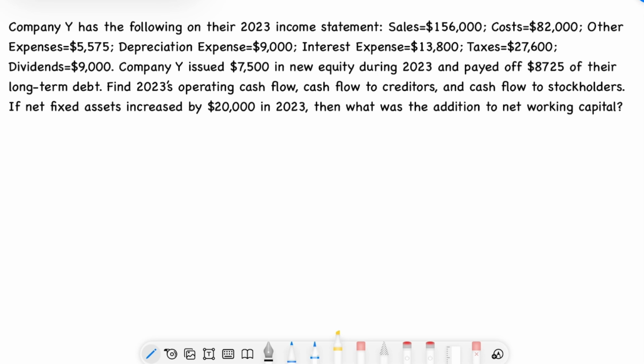So we are given sales, costs, other expenses, depreciation, interest. Our taxes is already worked out for us, which is nice. Our dividends. We're given new equity. We're given long-term debt that we paid off.